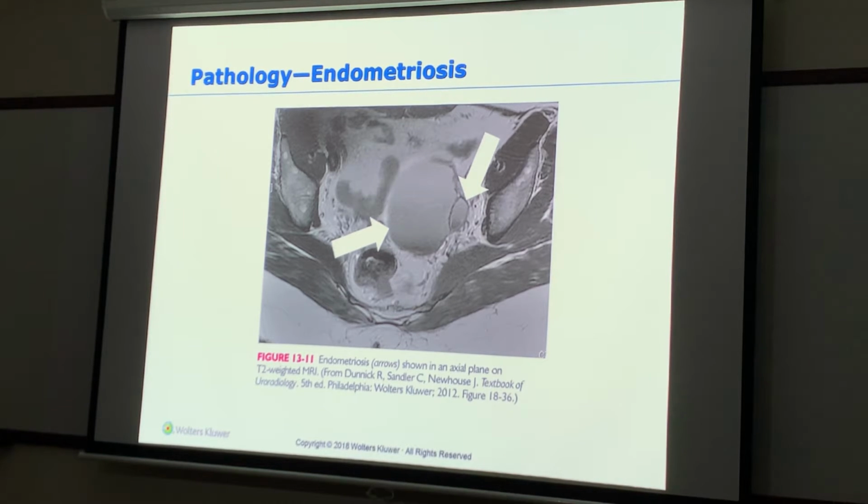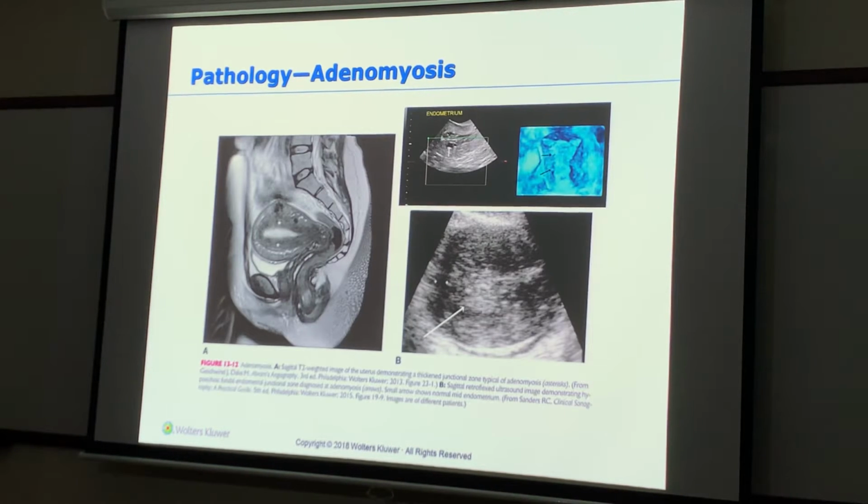Okay? And this is an axial plane, meaning it's coming this way. Okay? Endometrium, myometrium, serosa. These are arcuate arteries.